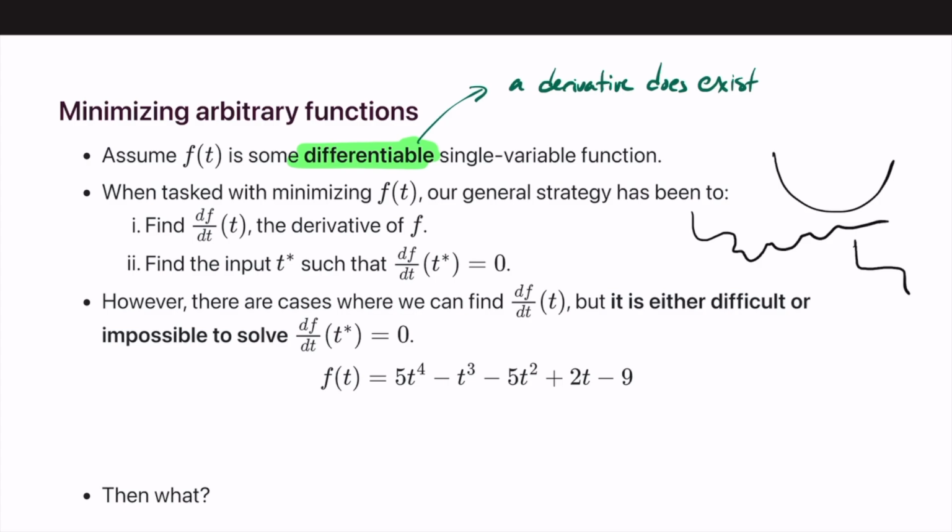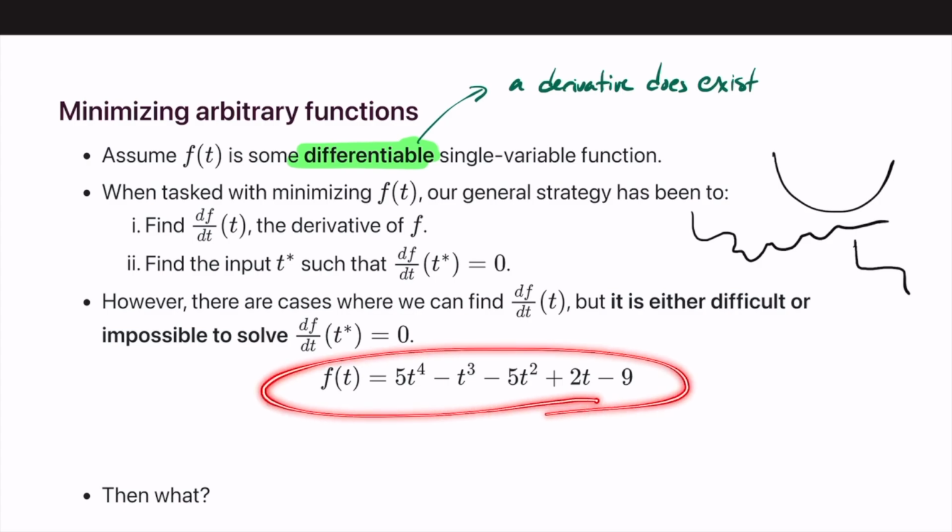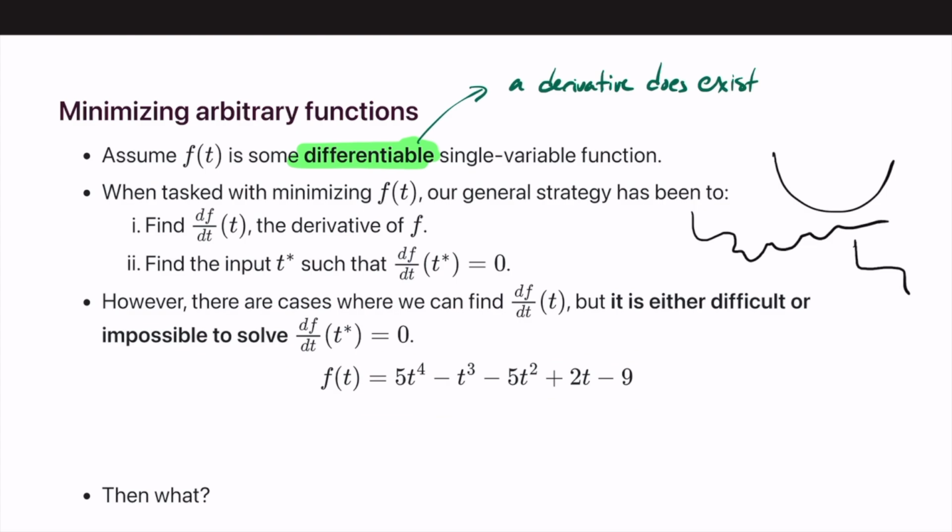So for example, let's say that we have this function here. This is some 4th degree polynomial function, and it looks pretty scary. How would we go about minimizing it? Well, we would take the derivative and set it equal to 0 and solve for it.